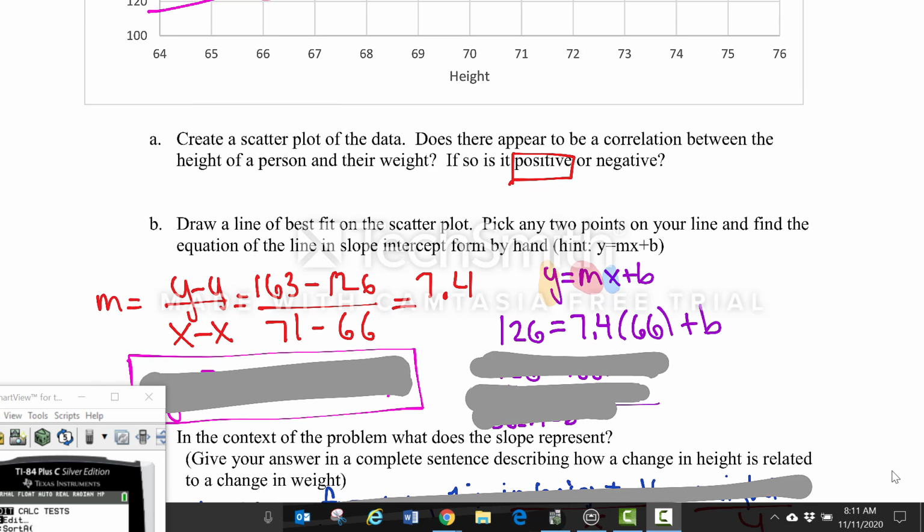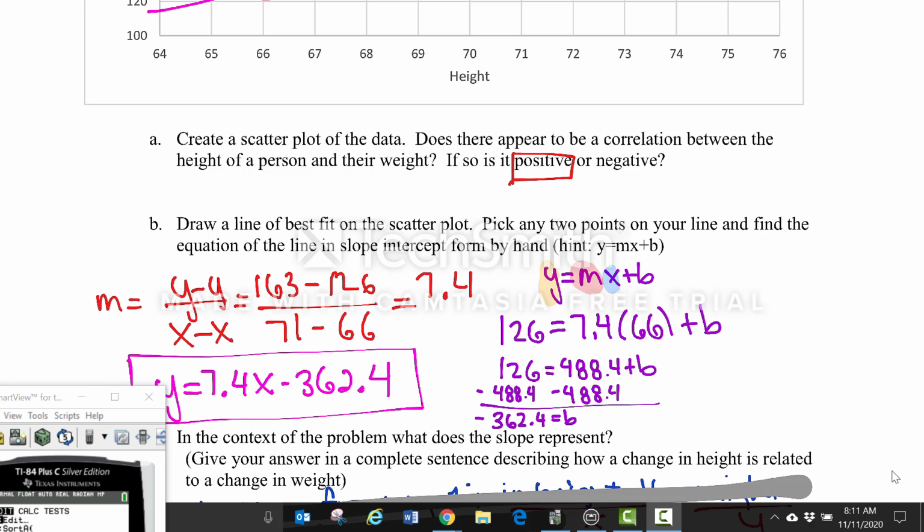If you did that, you would multiply 7.4 times 66 is 488.4. Minus 488.4 from both sides, and you get a y-intercept of negative 362.4. So that is your line of good fit.